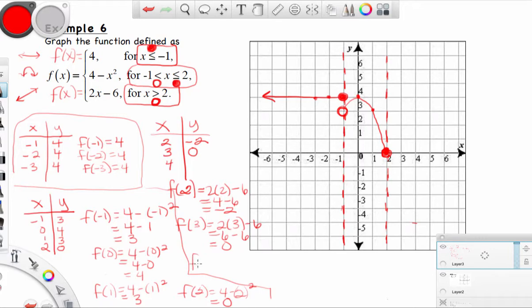And then f of 4, last one, 2 times 4 minus 6, which is 8 minus 6, which is 2. So that last guy is 2. And then we are over 2, down 2. I don't really feel like erasing, so I'm going to make sure I just put my open circle there. And then over 3, up 0, over 4, up 2, and it looks like a nice straight line.